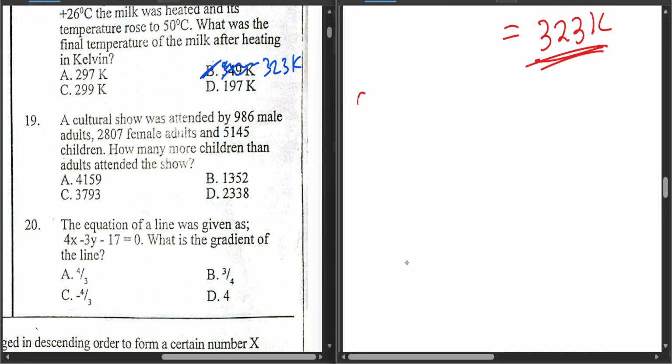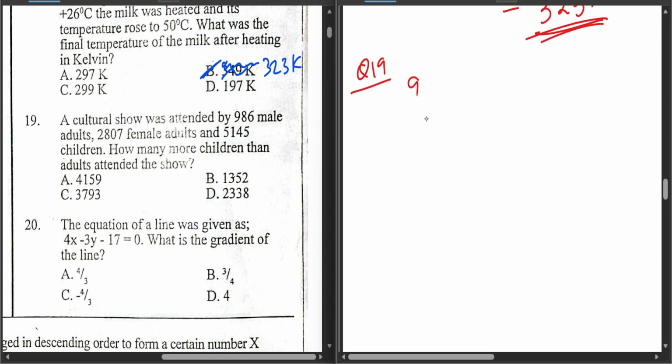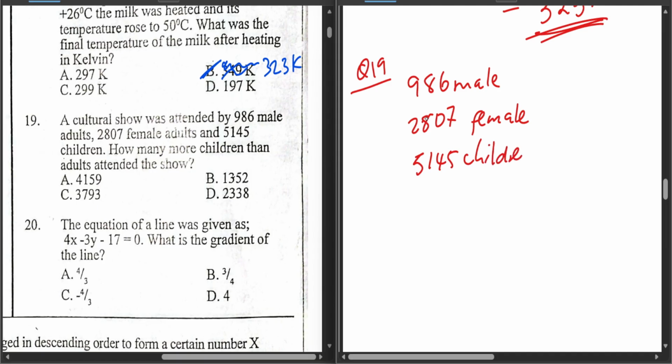Question 19 is telling us that there's a cultural show that was attended by 986 male adults, and we have 2,807 female, and obviously there's 5,145 children. How many more children than adults attended the show? So now let's add up the male adults and the female.